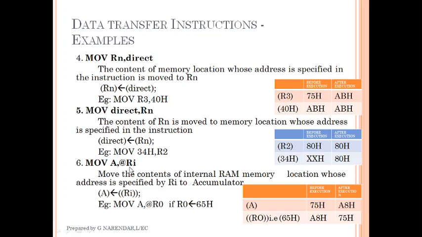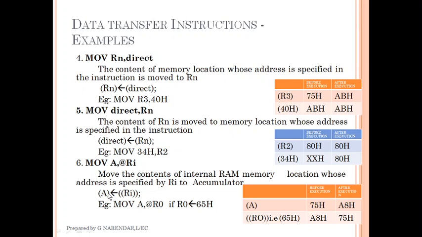In R0 or R1, we have the address of a particular memory location, and in that memory location you have a data byte. Copy the data byte into accumulator. This is the operation performed by a microcontroller when it executes this instruction. That is, move the contents of the internal RAM memory location whose address is specified by Ri to accumulator. Where to move the data? You have to move the data to accumulator.